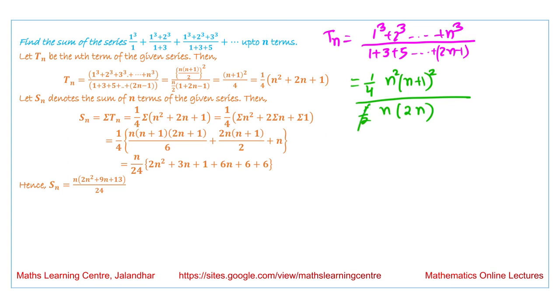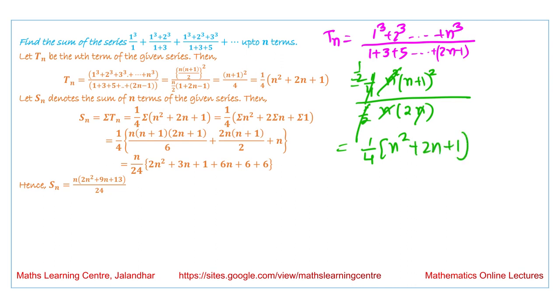So from this term, this 1 by 2, this n is being cancelled out, and we are left with 1 by 4 into (n plus 1) square, that is n square plus 2n plus 1.